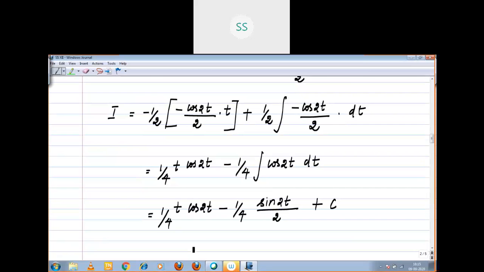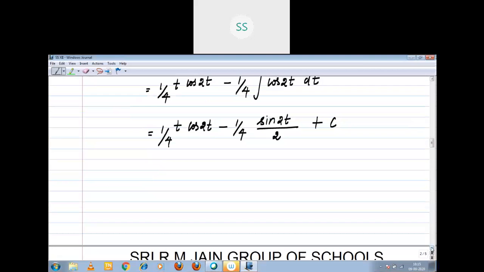See, whatever I told you, the final result should be in the form of x. So I am going to modify the t. How am I going to modify? Using the trigonometry identity first.